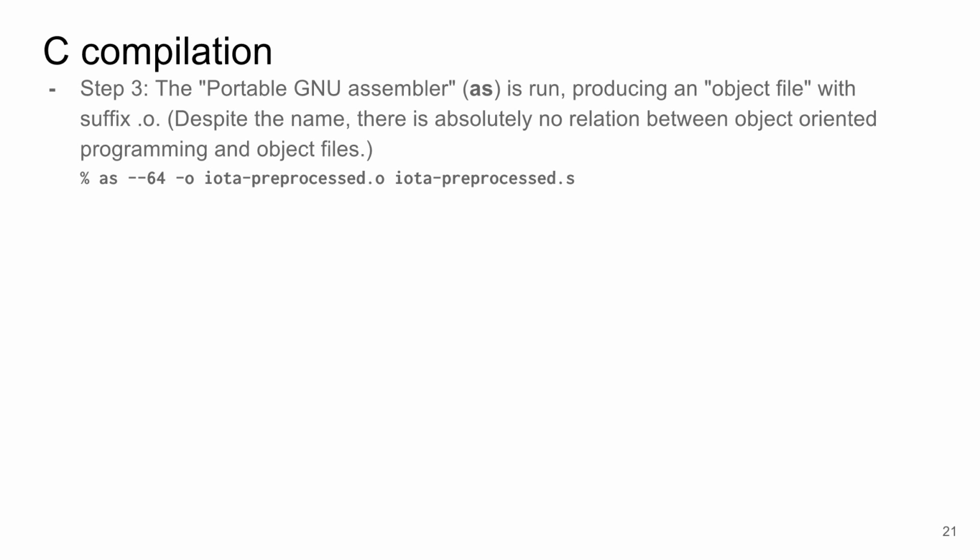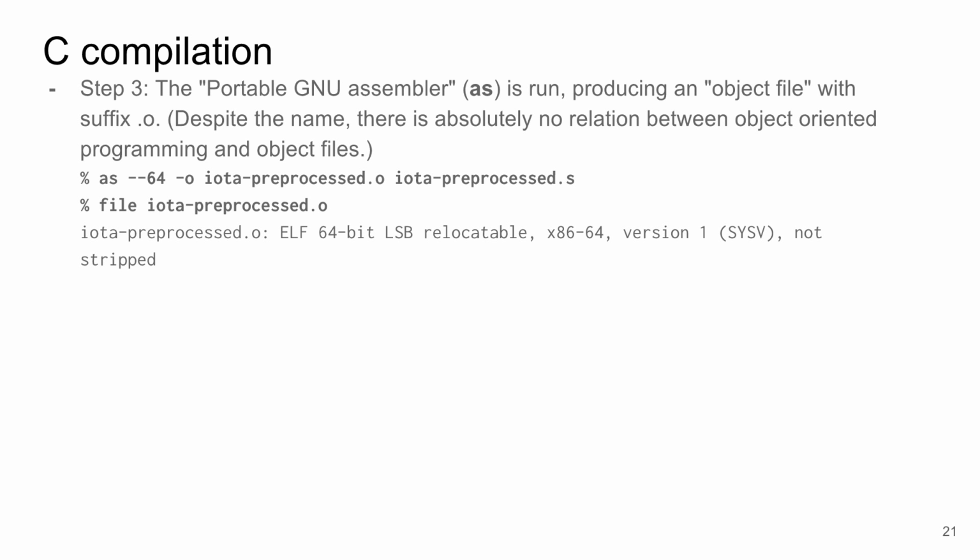We run it with some options up here. We say to call the new file iota preprocess.o. Here we're specifying that we're running on a 64-bit system. And we've created this .o file, and we see that it's an ELF 64-bit relocatable file. Here we can see it works on a 32-bit or 64-bit system.